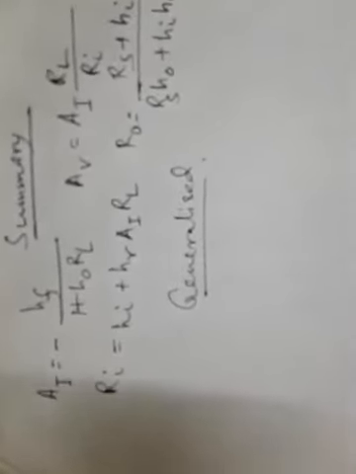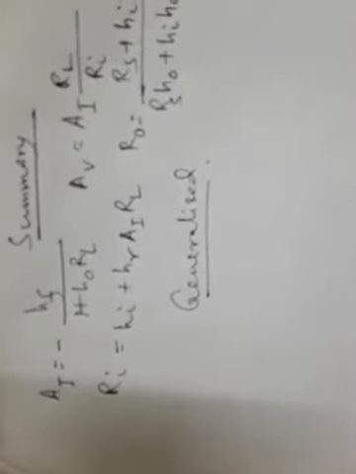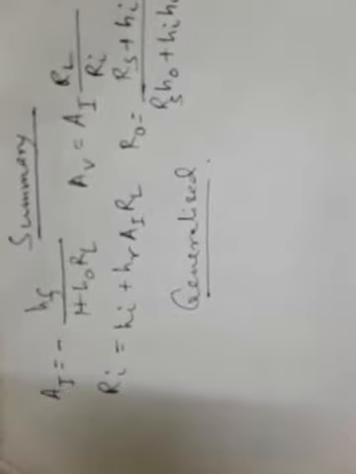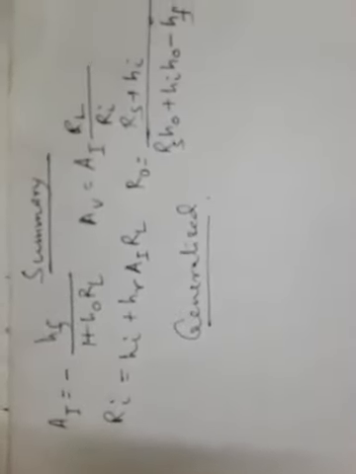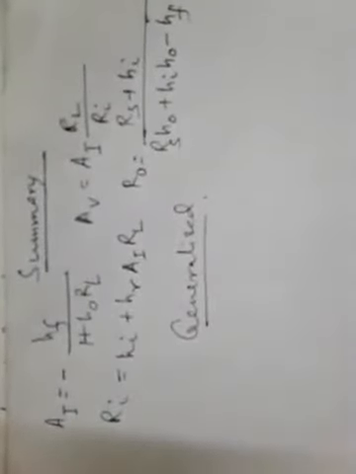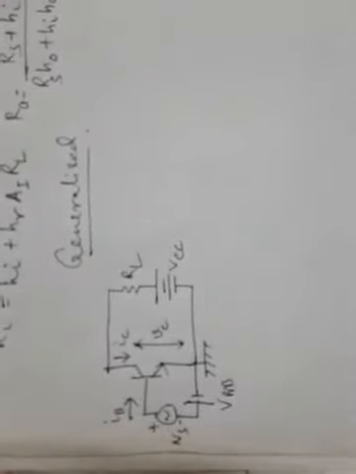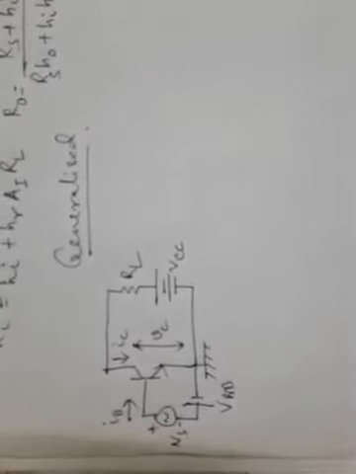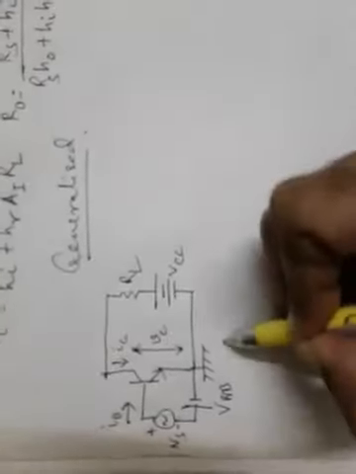You have seen the interrelations between the CB and CC modes and the CE mode, so those tables should be used to find the expressions for CB mode and CC mode as well.